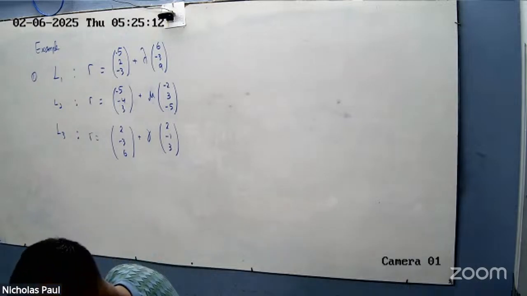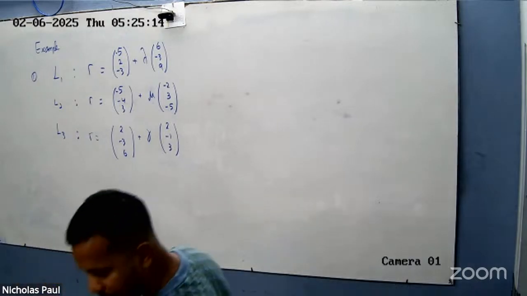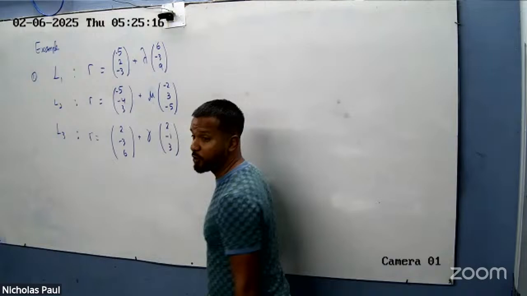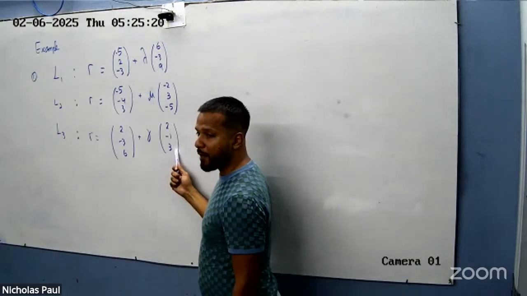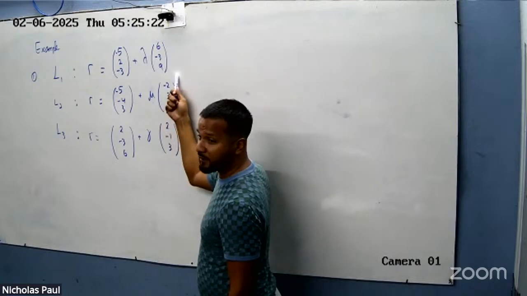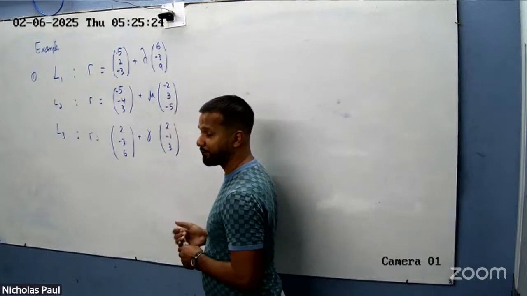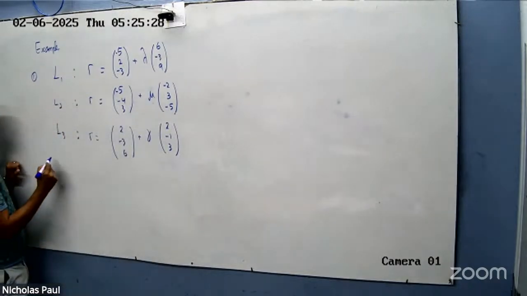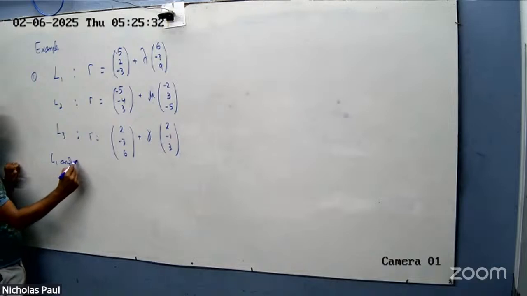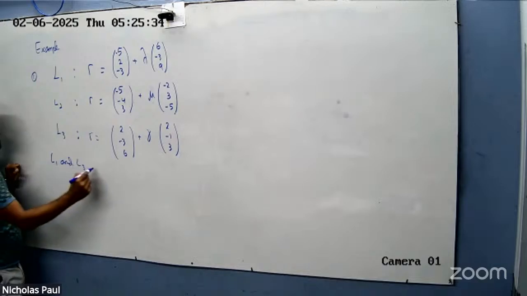One and 3, why? If you multiply this by what, you'll get this? If you watch here, L1 and L3 are parallel.